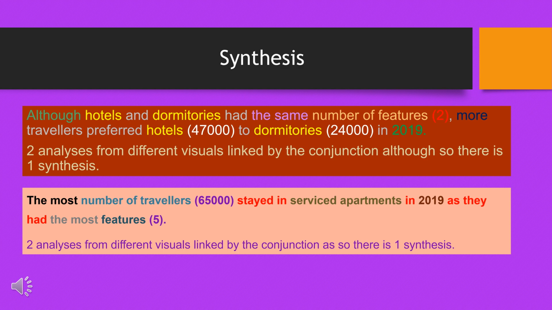Remember, one sentence and one complete analysis. As is the linker, linking information from the first visual to the second visual. They refer to the service apartments. Had the most: the most is the trend, features is the source of reference, and 5 is the data there. So it is another analysis. So an analysis and another analysis make a synthesis.